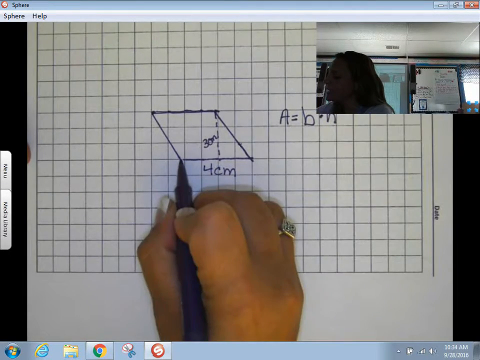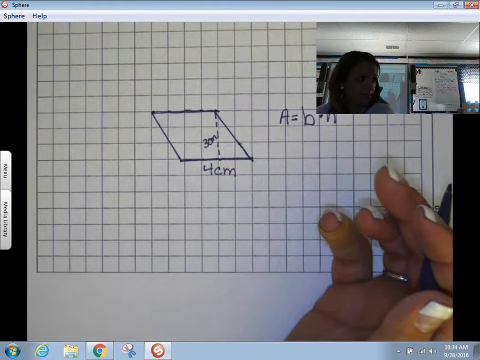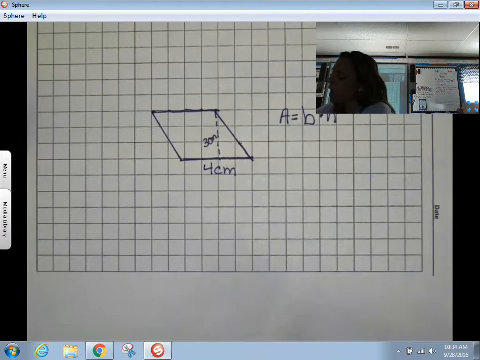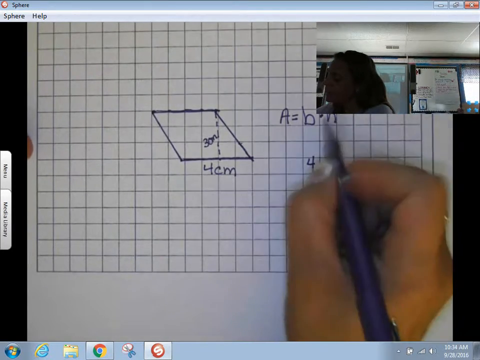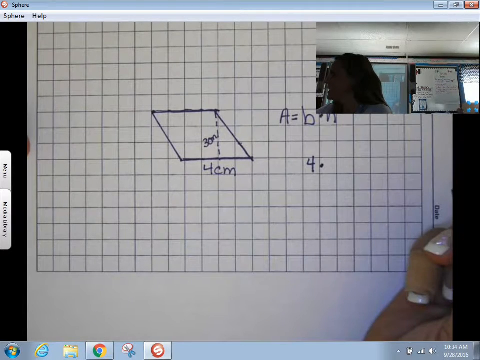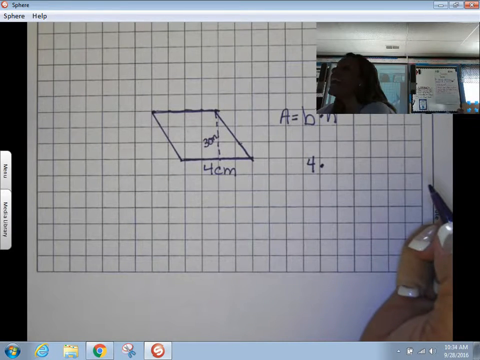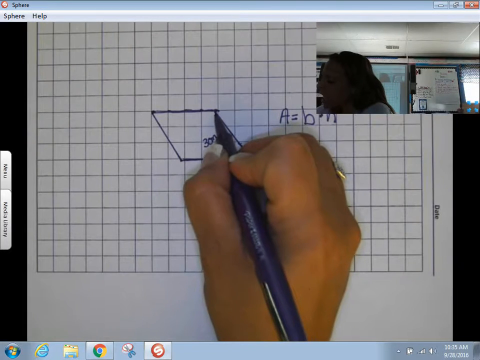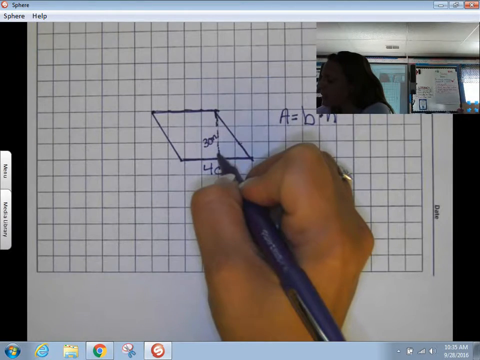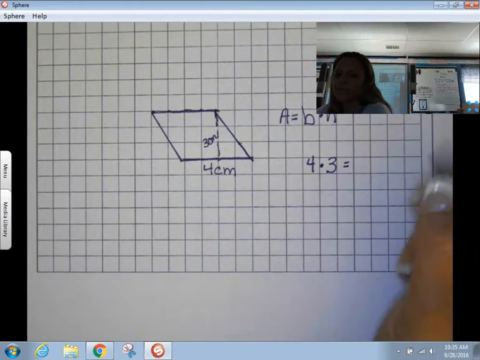And base is the same as length, correct? Yes. Okay, so I'm going to say 4 times, what is my height? What is my height? Raise your hand. Who knows the height? So 3. Because that's my dotted line right here. That's my height.